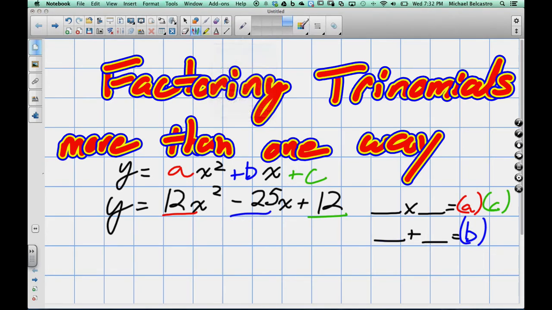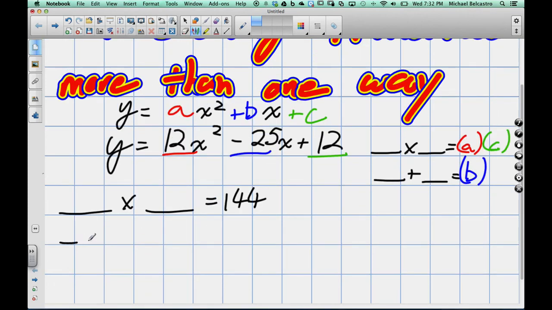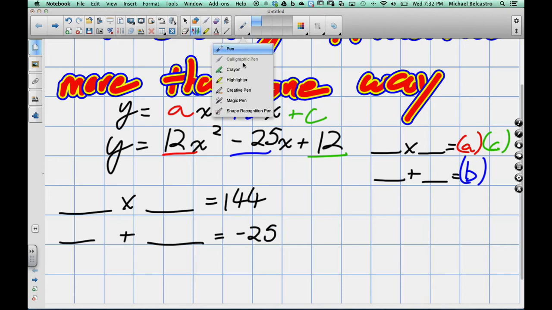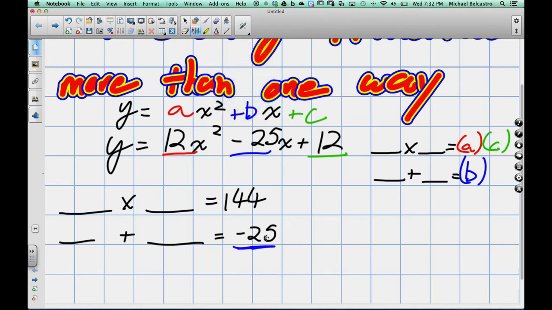Okay, so we're looking for two numbers that do that. So I'm going to set it up underneath here. They have to multiply to 144, and they have to add to negative 25. Now there are so many different numbers that can add and subtract to something, so let's go through factors of 144. 1 times 144, obviously together, those aren't going to give us negative 25, right? 2 and 72, again, not negative 25.